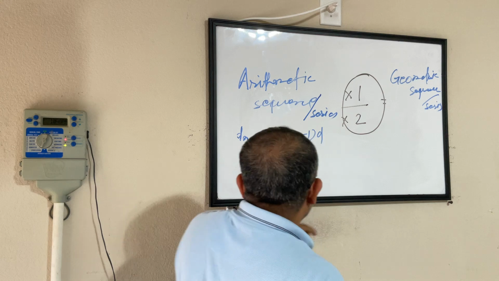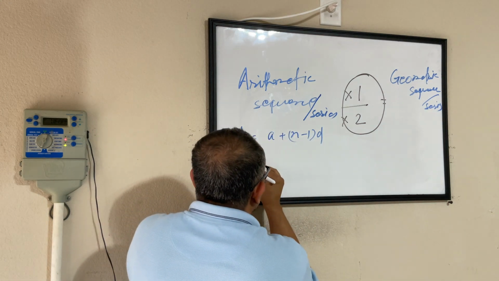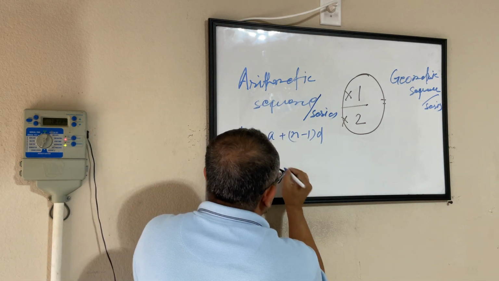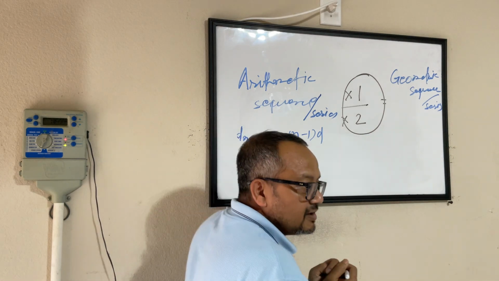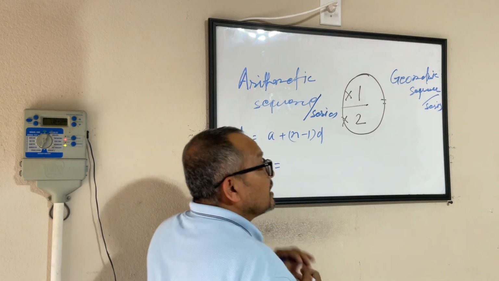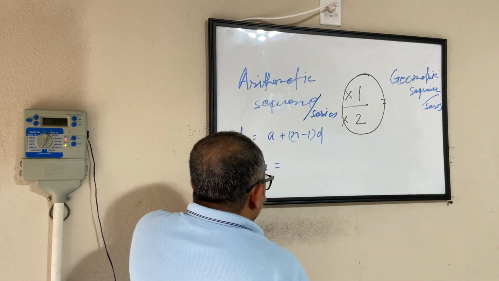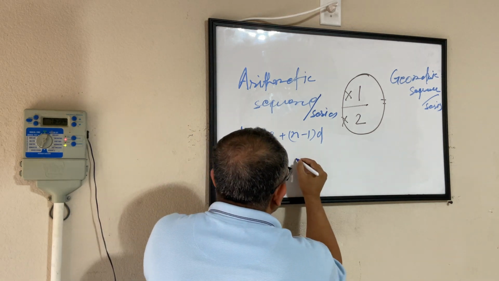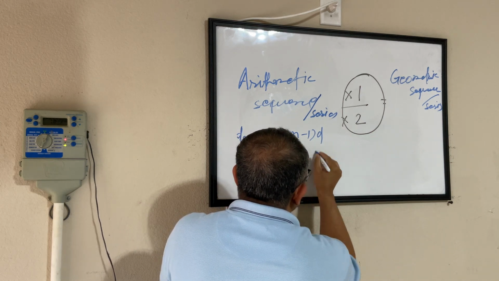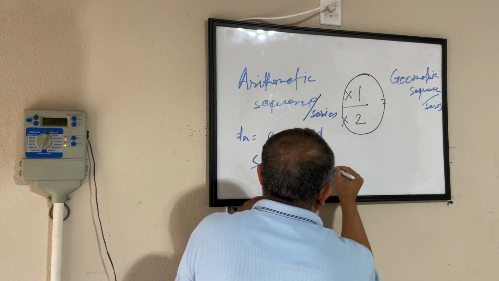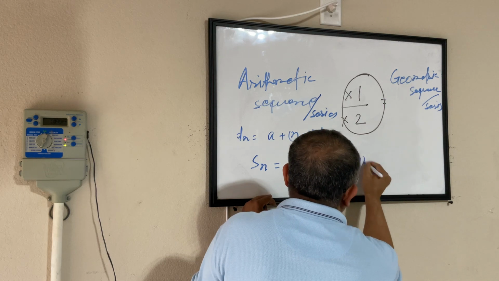And here we derived the formula for the sum of n terms of an arithmetic sequence, or the arithmetic series of n terms. We found the formula as n by 2 into 2a plus n minus 1 times d.